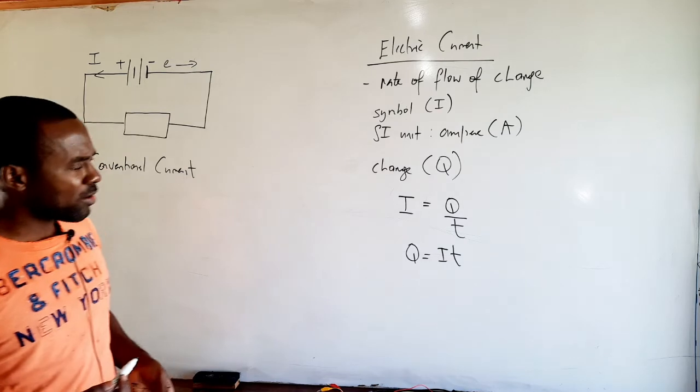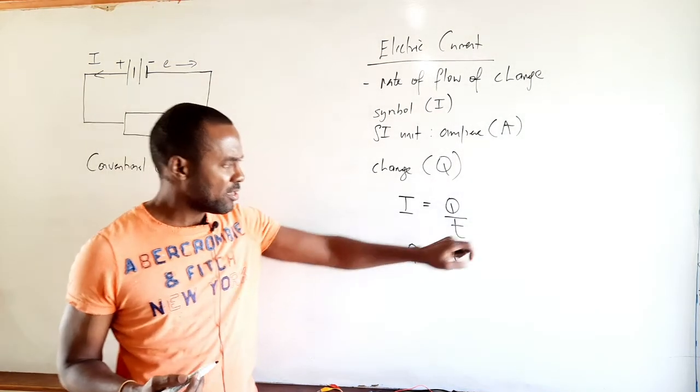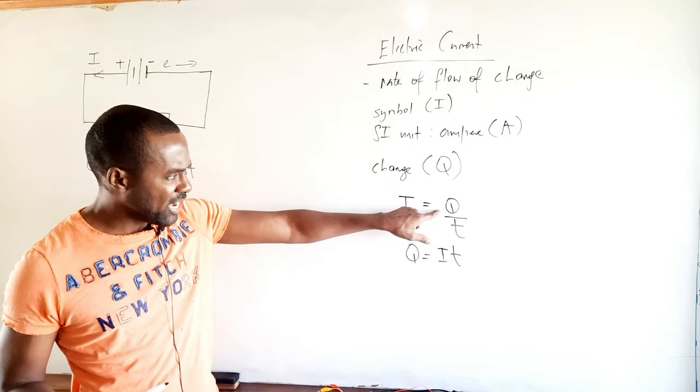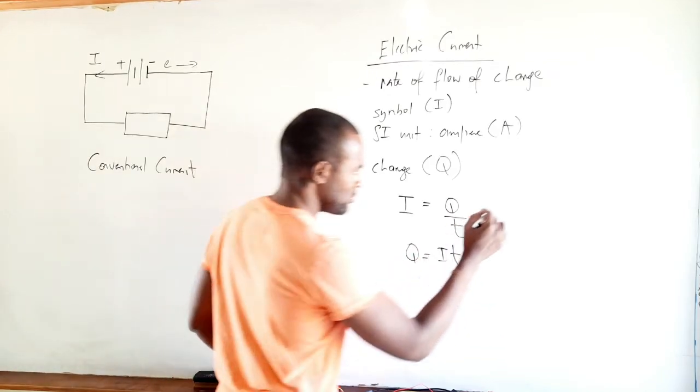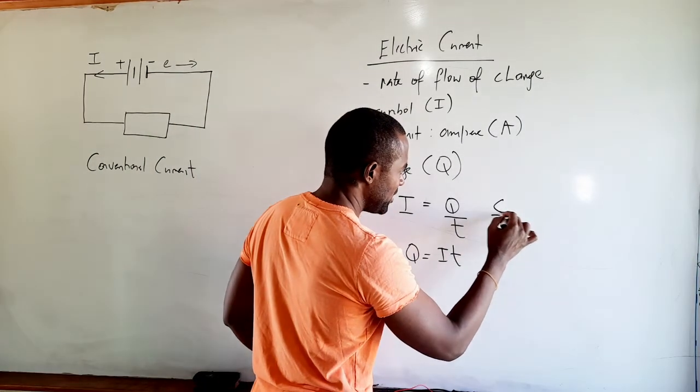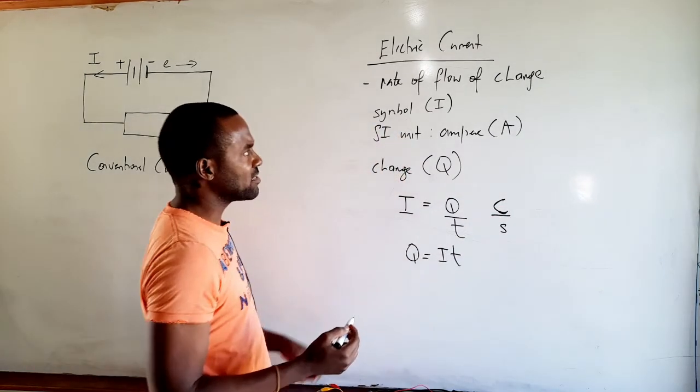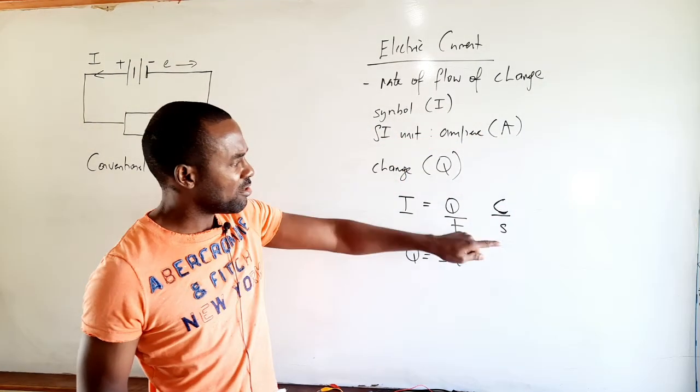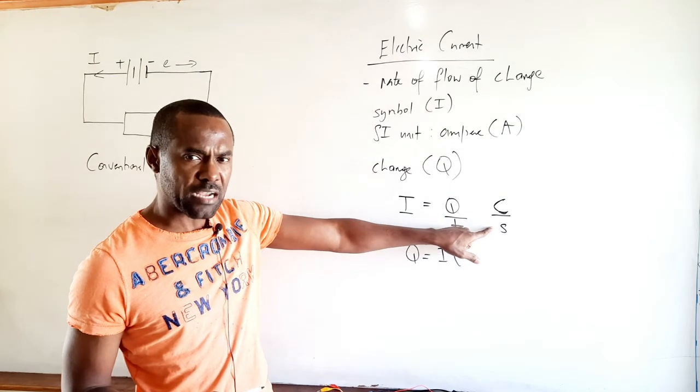Now, if we look at the right-hand side of this equation, the SI unit of charge is the coulomb, and the SI unit of time is the second. So basically what this is telling us is that the ampere is actually equivalent to the coulomb per second, right?